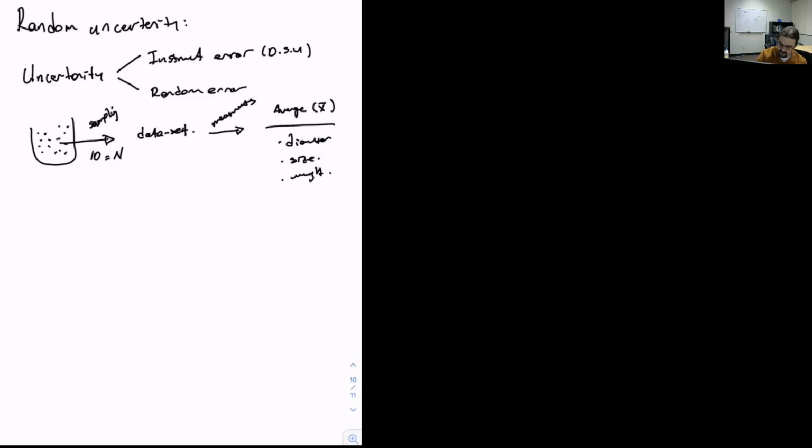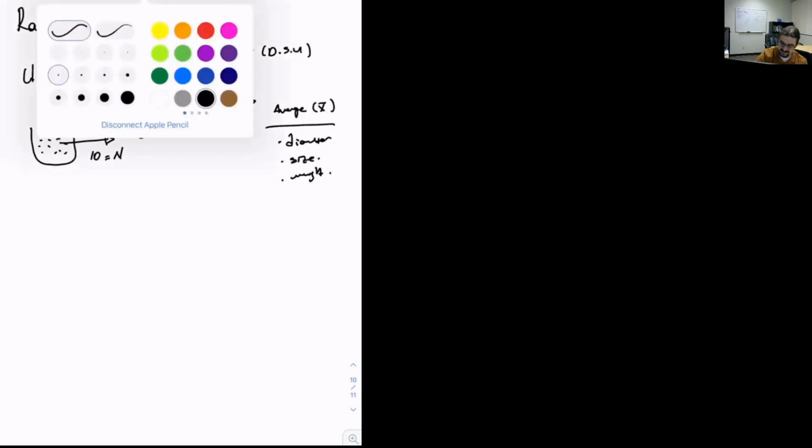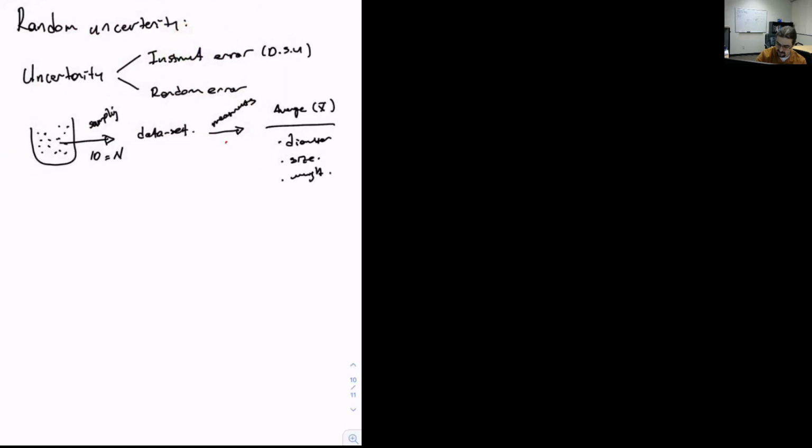The errors associated with the measurement itself are the instrument error, and that goes back to my design stage uncertainty.